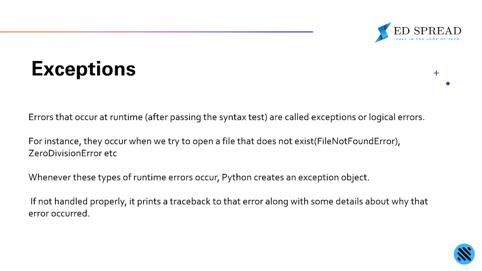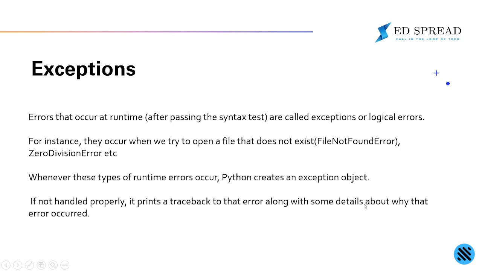Now let us see what an exception is. Errors that occur at runtime after passing the syntax test are called exceptions or logical errors. Let us assume that you have written perfect code in the syntax part. Everything in the syntax is perfect, and the interpreter did not encounter any error while checking the total code, so no syntax error is obtained.